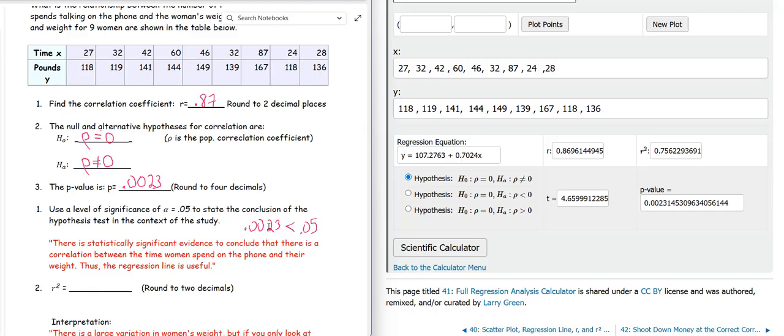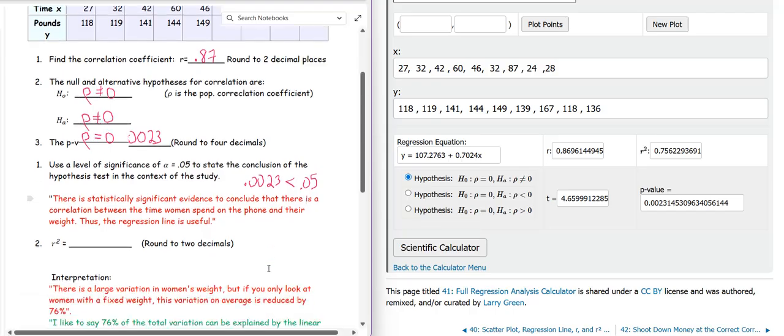So that means we reject the null hypothesis. If p is low, then null must go. And so the alternative hypothesis states rho is not equal to 0. That means there is a correlation. There is statistically significant evidence to conclude that there is a correlation between the time a woman spends on the phone and her weight.